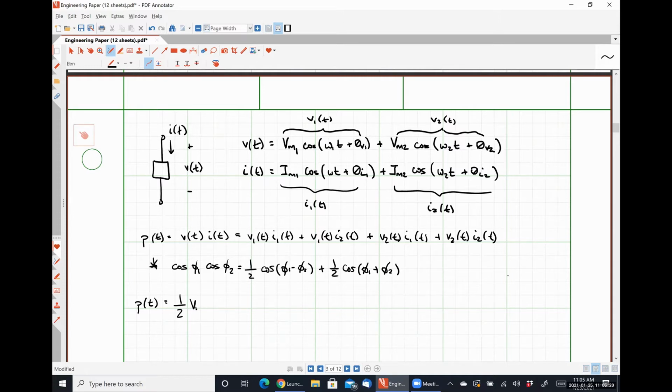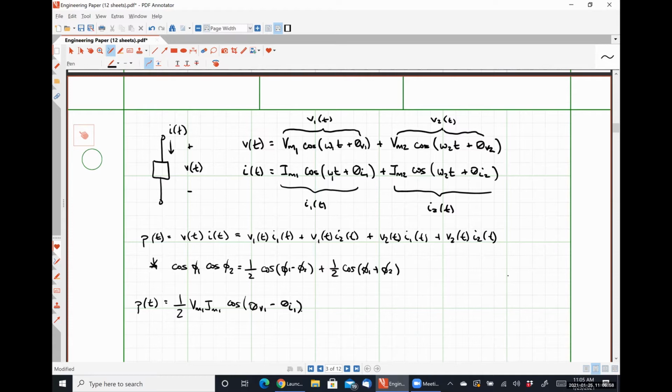So just doing the V1 times I1 term is going to give us 1/2 Vm1 Im1 cosine of omega 1t plus theta V1 minus omega 1t plus theta I1. When we take the difference of those two angles, what we're left with is cosine theta V1 minus theta I1.